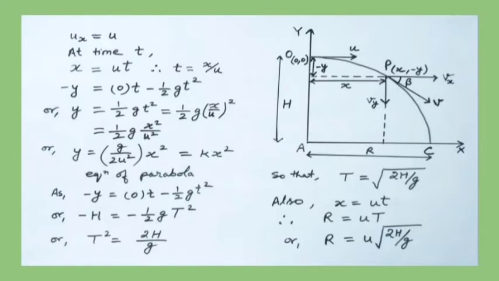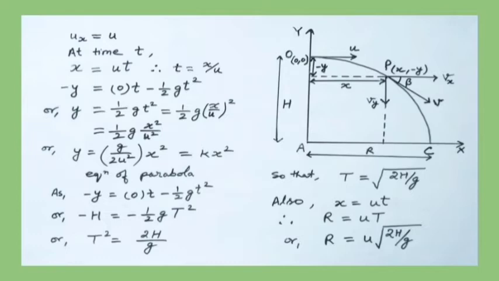Here the horizontal velocity ux = u remains constant. The vertical downward velocity, which is 0 initially, goes on increasing uniformly till it hits the ground. At any time t, the projectile is at point P(x, -y).